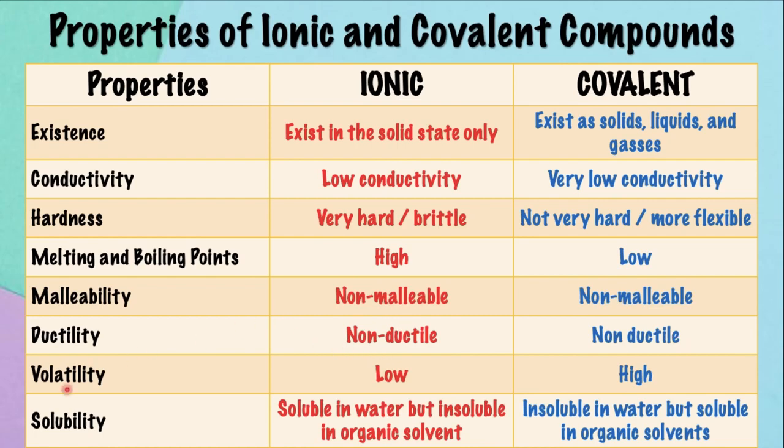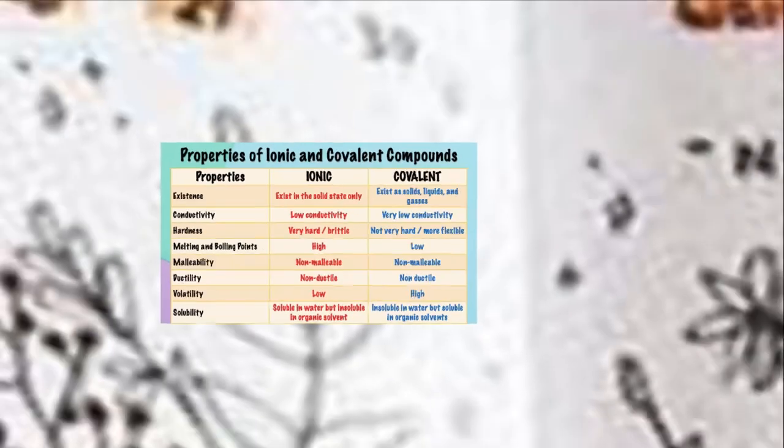When it comes to solubility, ionic is soluble in water but insoluble in organic solvents, while covalent is insoluble in water but soluble in organic solvents. So, these are the properties of ionic and covalent compounds.